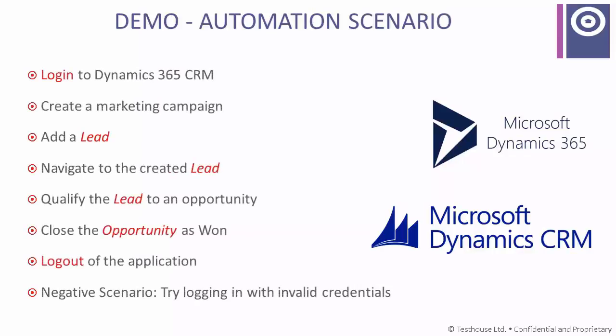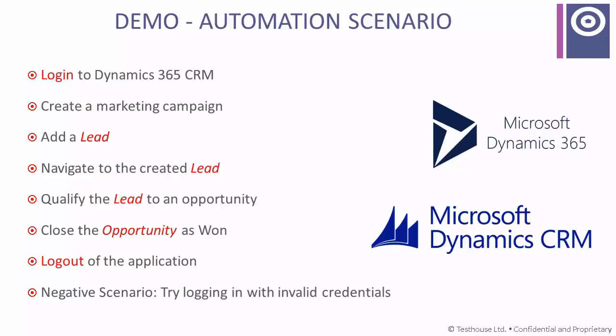So I hope everyone got the idea of how this framework is and how it has evolved. Let me move on to the automation scenario that I'm going to show you. It is logging into Dynamics CRM, and then moving to the marketing campaign.